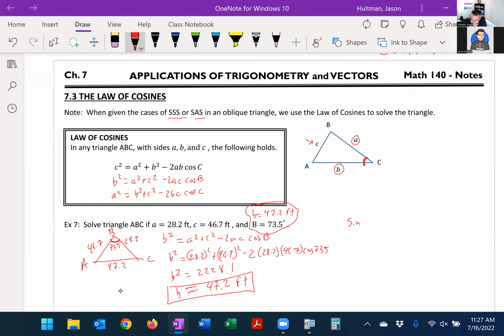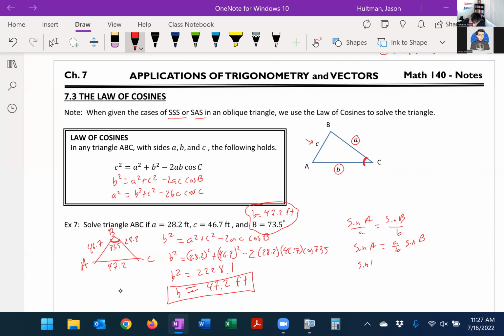Sine A over A is equal to sine C over C, or I'm sorry, sine B over B, because that's what we have, the angle-side pair. So we know what A is, so I'm going to multiply both sides by A. This is A over B sine B.